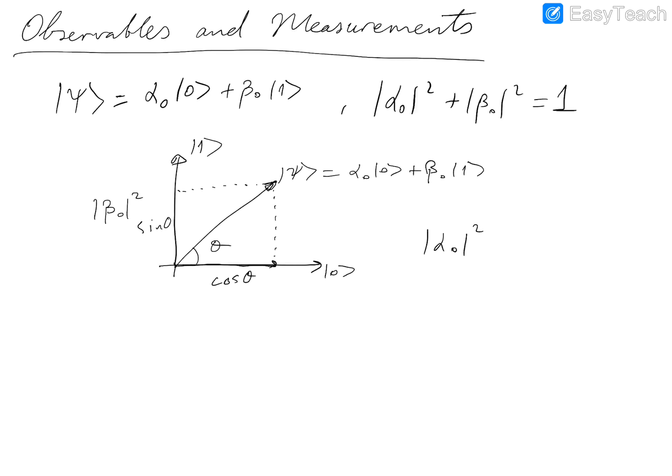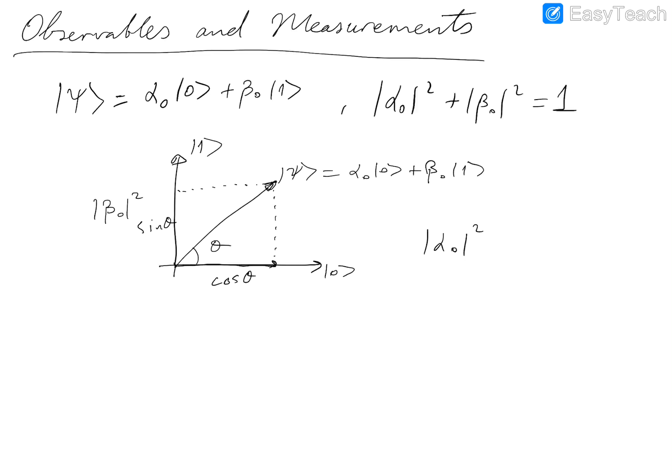This is sine theta. So then the probability of observing 0 as the measurement outcome is cosine squared theta, and the probability of observing 1 is sine squared theta. So we can think of a measurement as a projection onto one of the basis states of the system.